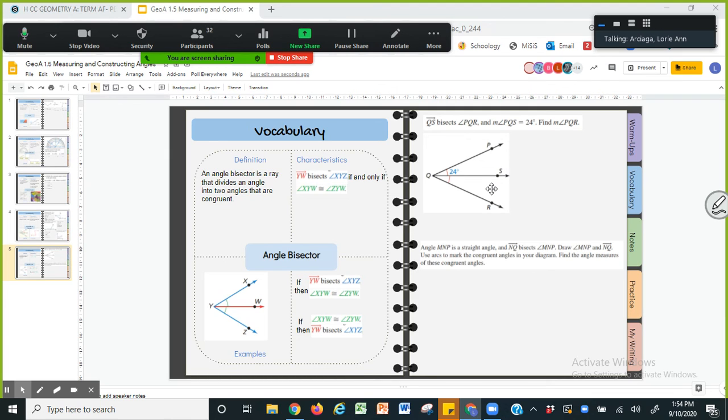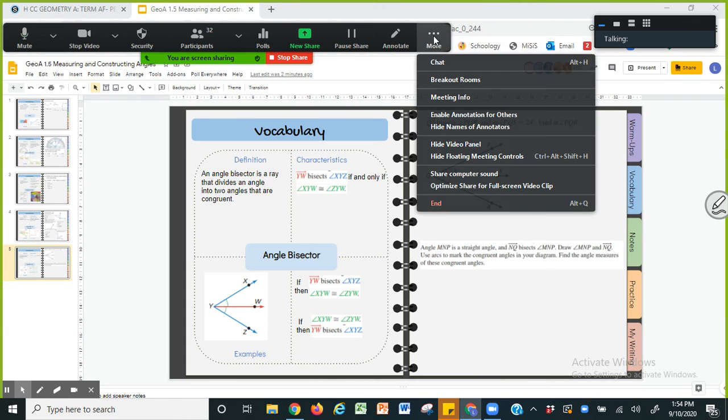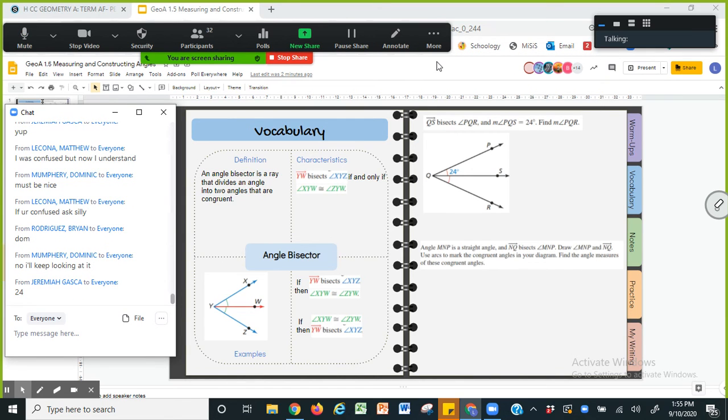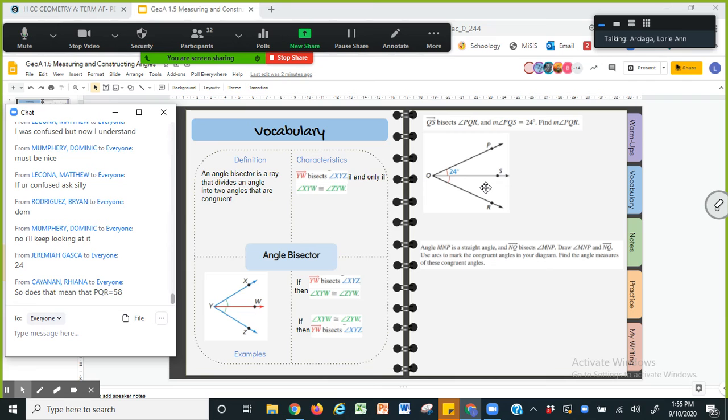So using that information, if QS bisects PQR and the measure of angle PQS is 24, what is the measure of PQR? And I know you can do that in your head. Okay, Jeremiah, you have the right answer to the wrong question. So 24 will go to the other small part. Yes, the question was asking for PQR. And it's good that you mentioned that.